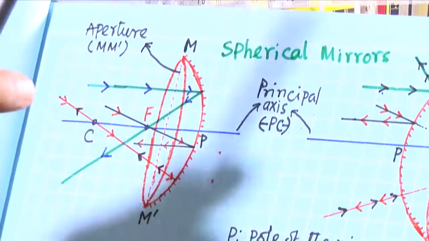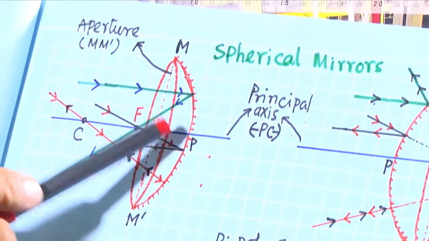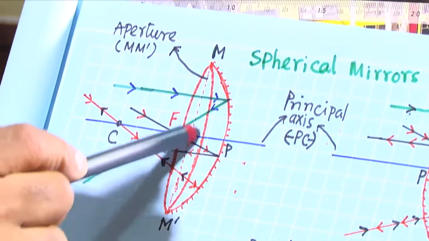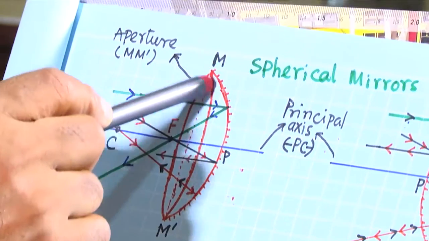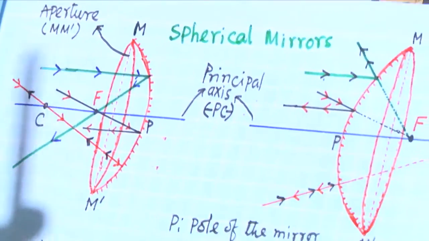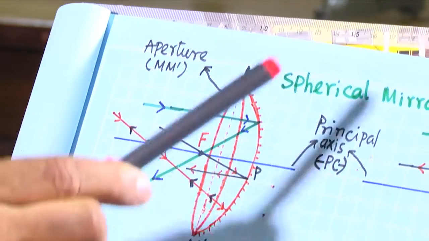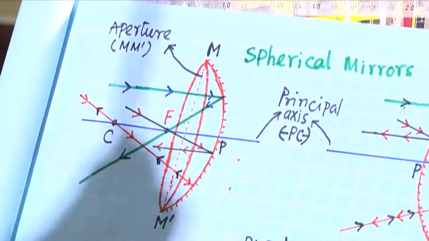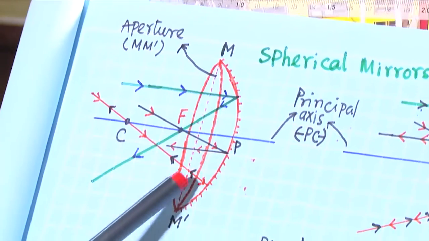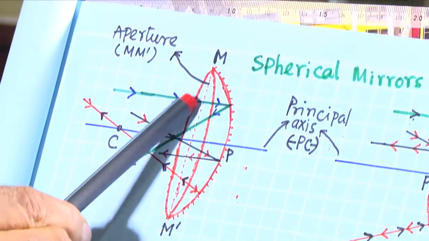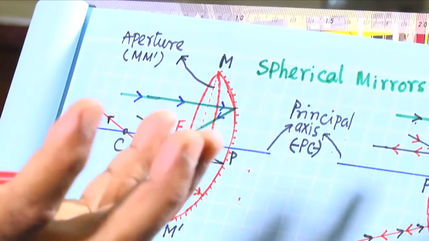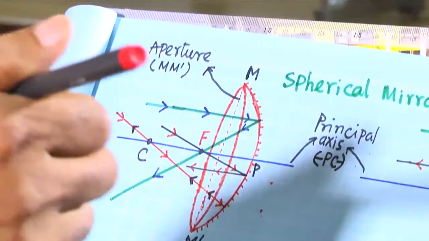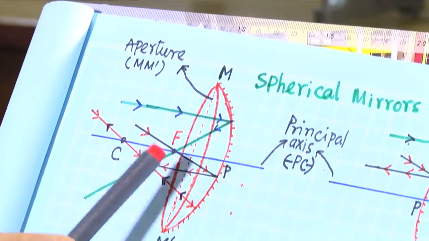The aperture of this mirror is the diameter of the periphery of the mirror. When you take this spherical part, it is a circular part, and the diameter of that circular part is called the aperture.